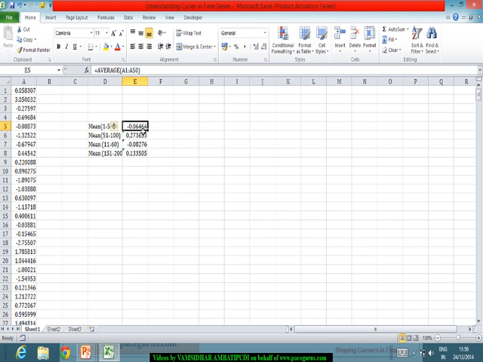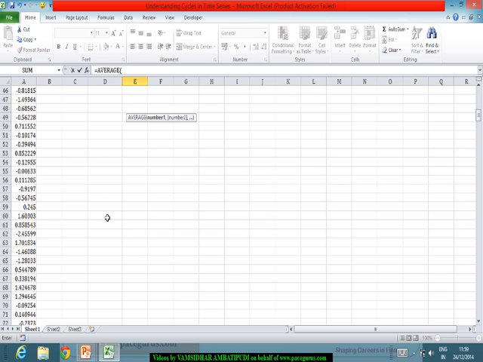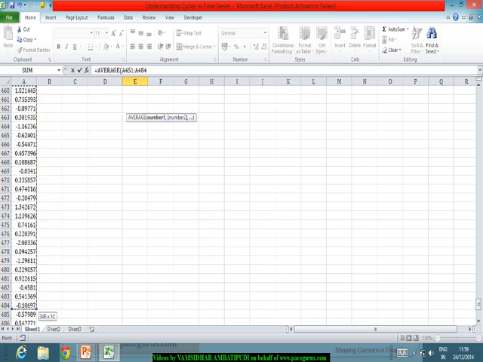Let me also try the mean of 451 to 500 values, just to see across different points in time. It's not constantly increasing, it's not constantly decreasing. For data which is completely trend based, it probably cannot be covariance stationary, but this is more random in nature.